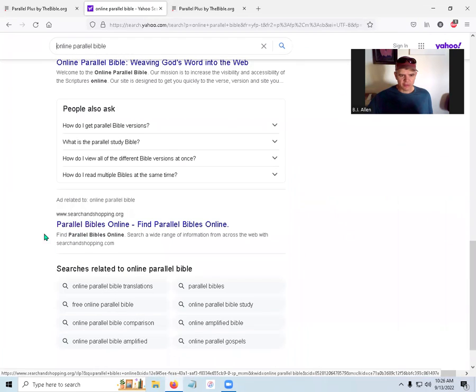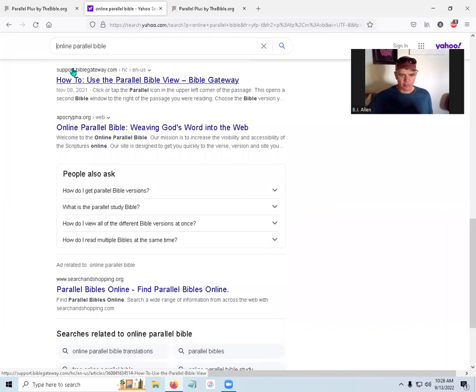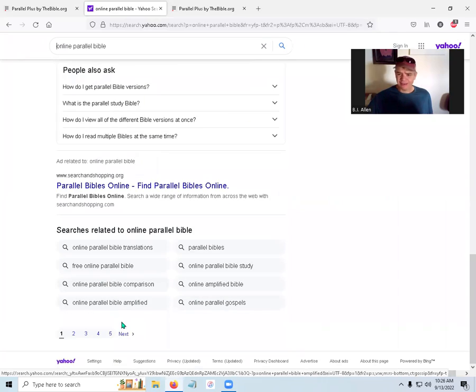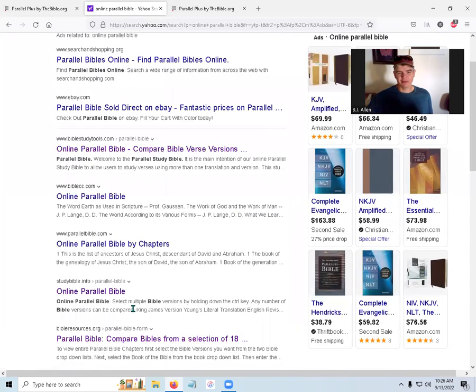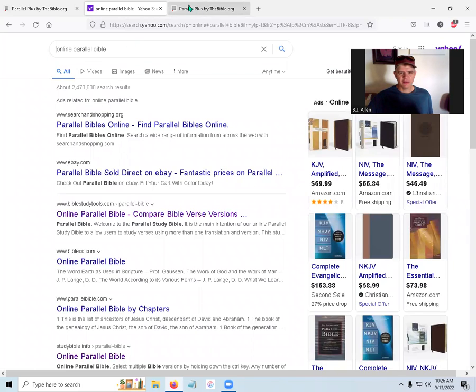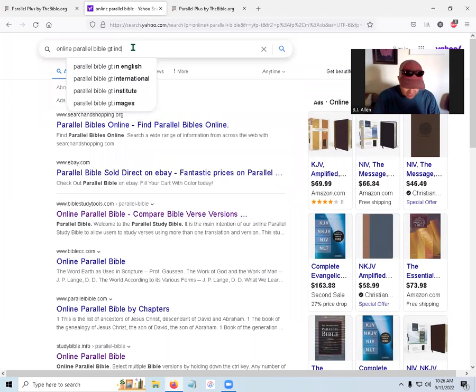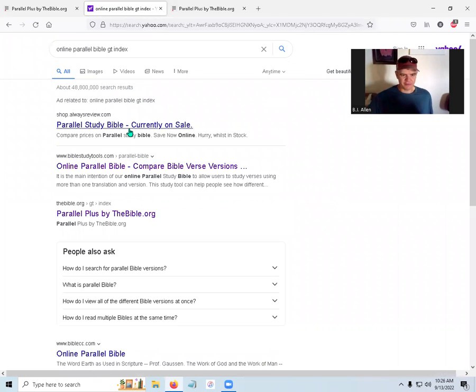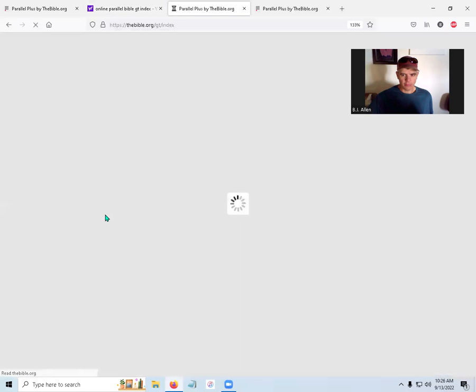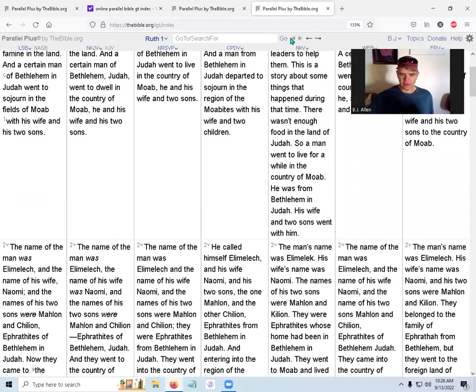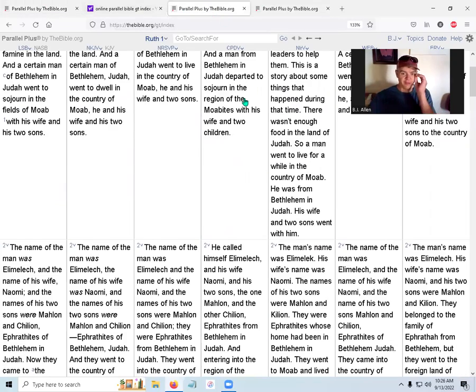Maybe it's more difficult. What if I typed in thebible.org GT index? This is stupid, but look, thebible.org GT. That's it. That's usually there. Look over here, you've got the arrows. Yep, there it is. That's it.